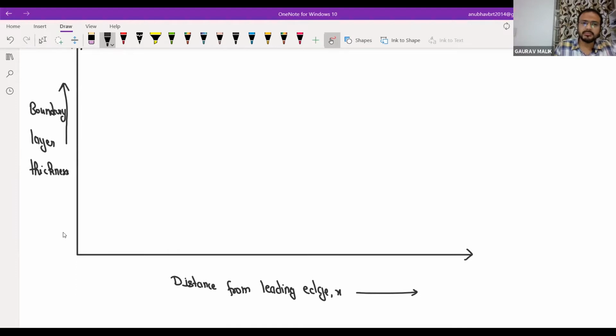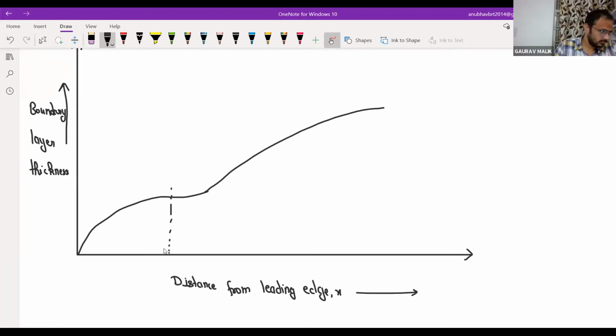This graph is between boundary layer thickness and distance from the leading edge. You will get a graph like this. This region is known as laminar flow in the boundary layer, and this one is turbulent flow in the boundary layer.